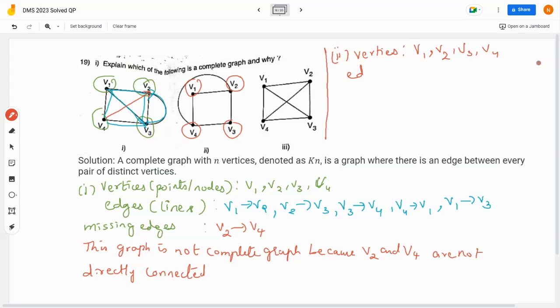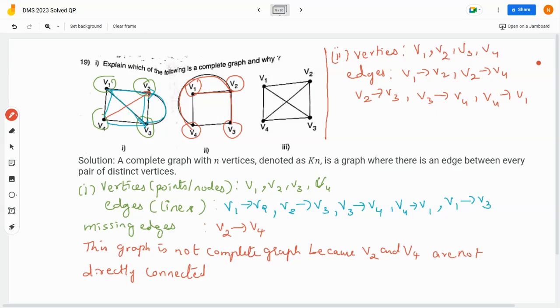Then edges are V1 to V2, V2 to V4, V2 to V3, V3 to V4, V4 to V1.